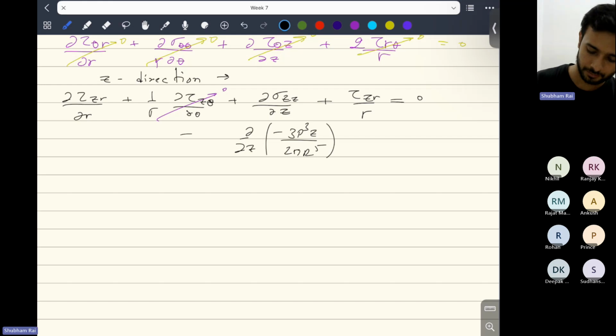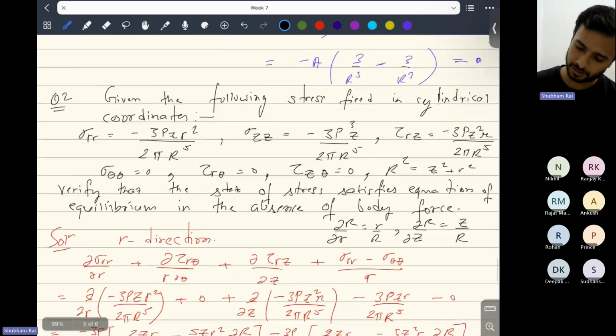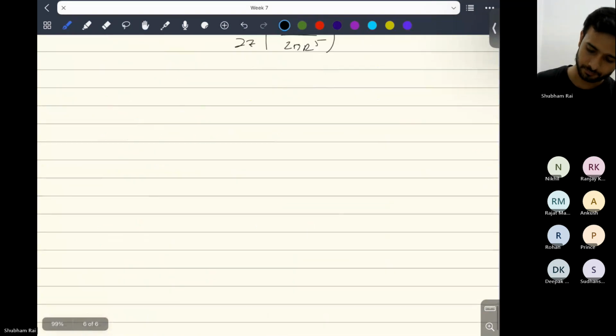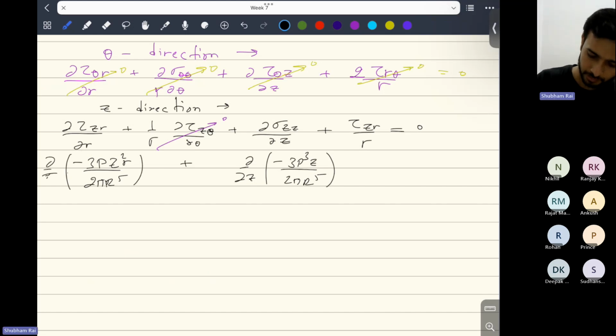And then you have the first term tau zr over r. So tau zr is this, minus 3p z square r over 2 pi r5. And you have del over del r.